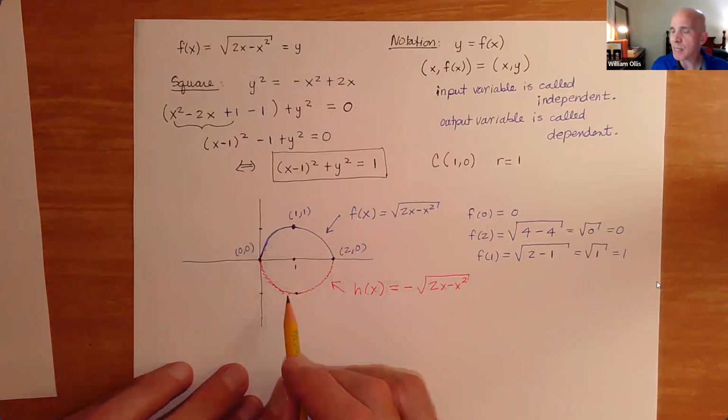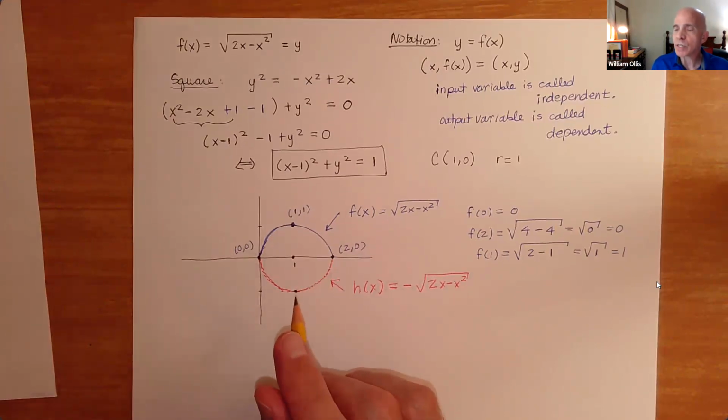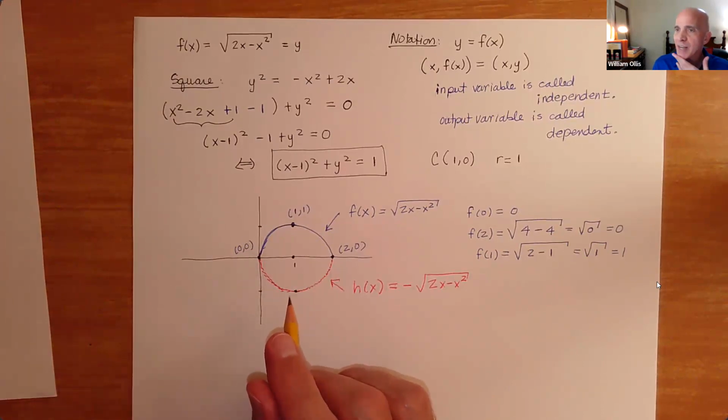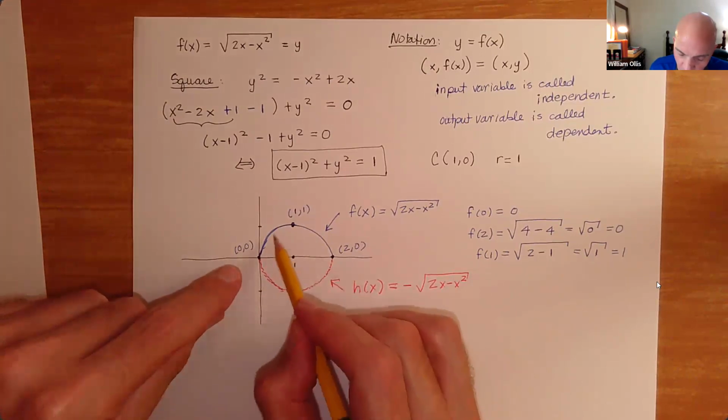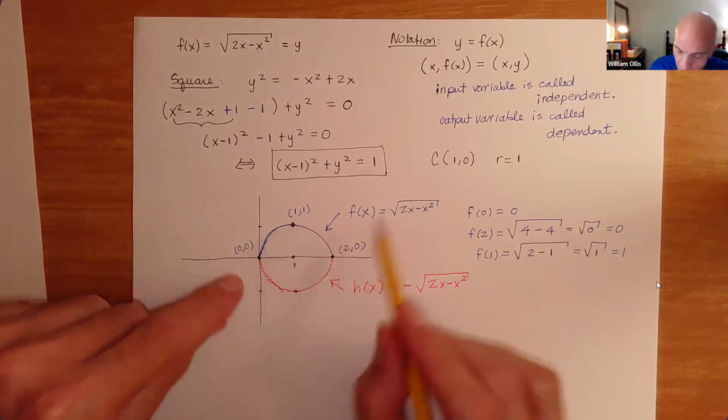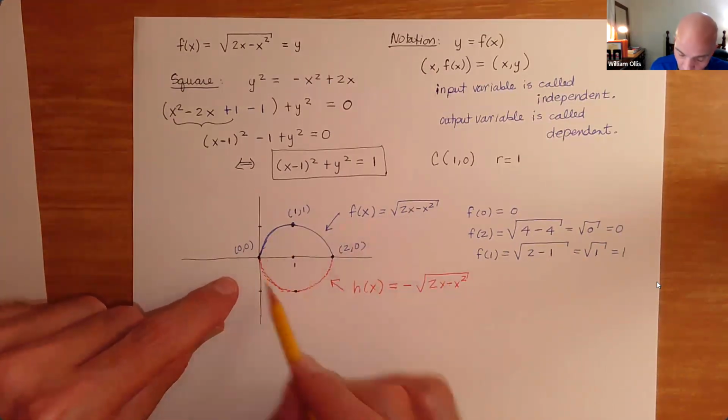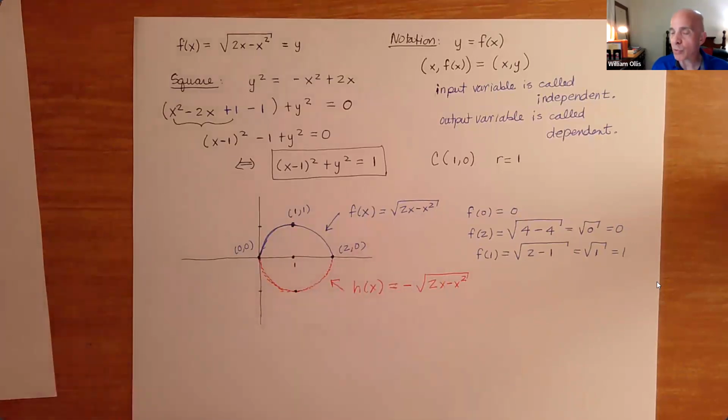And that wouldn't make sense. A function does not provide 2 outputs for a single input. We know that's one of the defining characteristics of the relation for it to be a function. So if we restrict to either the blue arc, the positive square root, or the red arc, the negative square root, then we have a function.